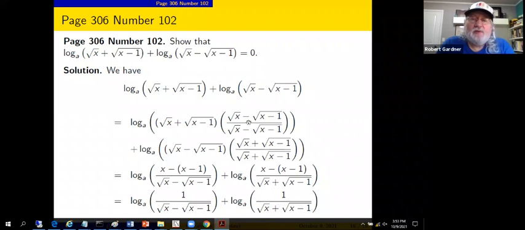Motivation for this is a little weak, but the fact that this holds, it's certainly true. If we multiply out here, this is the reason for doing this, we'll have the first one squared minus the second one squared. FOIL this with a numerator, you'll get the first one squared minus the second one squared. The outer inner stuff will cancel out. So we'll be left with x minus 1, being careful to keep up with the parentheses in the numerator.